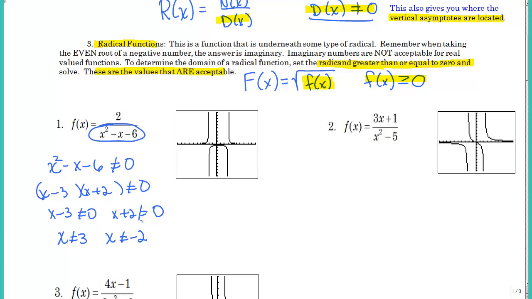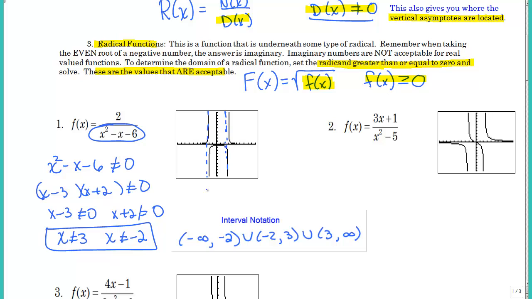Now what that says is that the domain is all real numbers except 3 and negative 2. And if you look at this graph, there's a vertical asymptote right at 3 and right at negative 2. So all real numbers except 3 and negative 2 would be the domain.